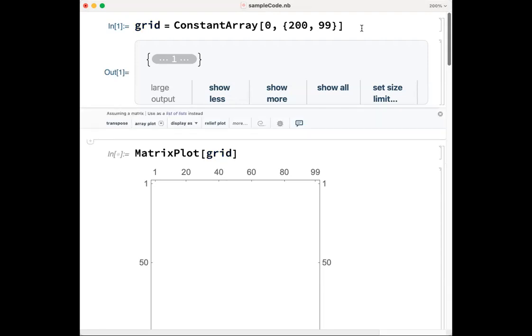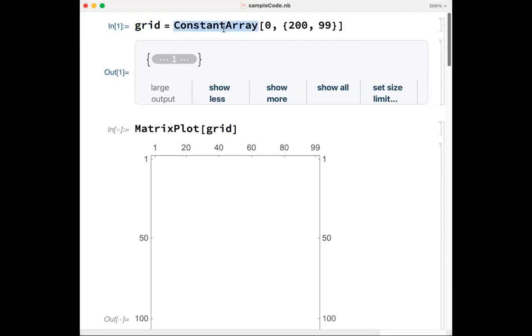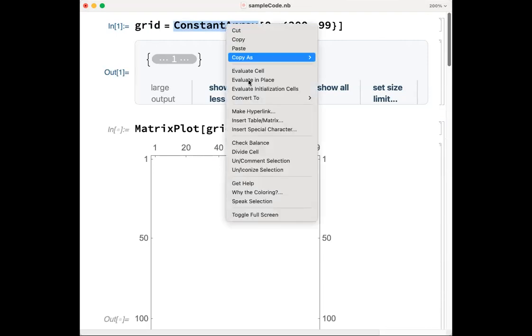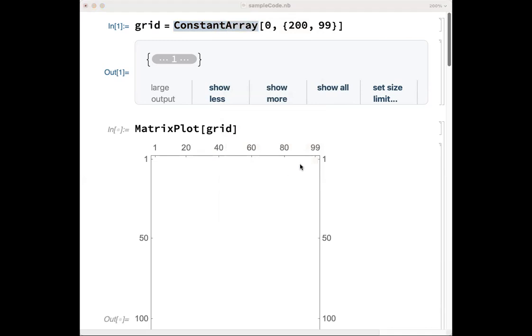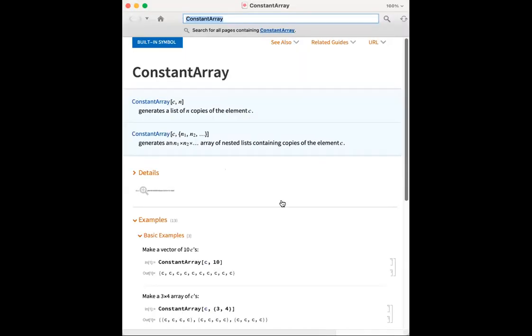So the first thing is that I have a function right here that is called ConstantArray. For this function, I can right click on it, or when I'm writing it, I can get the help for it. If I click on it, I get a help button, which opened up this other window that has the instructions of how ConstantArray works.